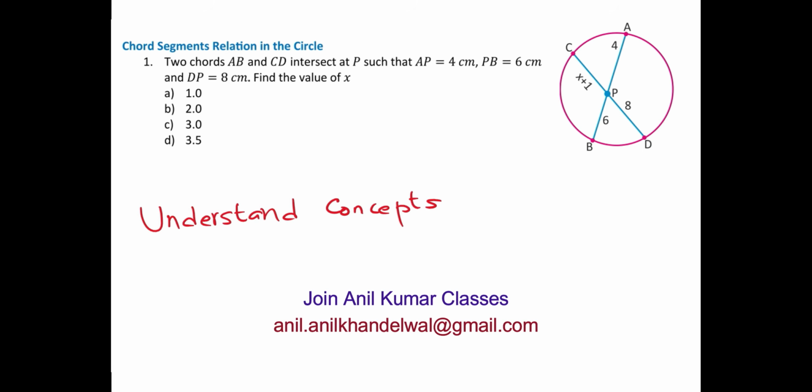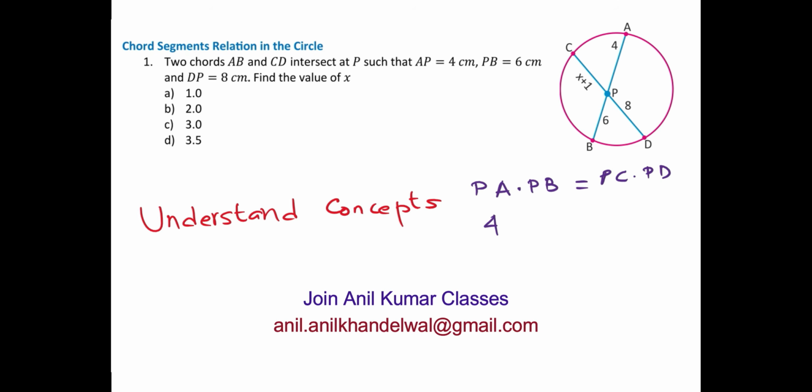But let's first answer the very first question because of which we started this video. Now here, knowing the rule, from P, we can say that PA times PB should be equal to PC times PD. That's the theorem, right?